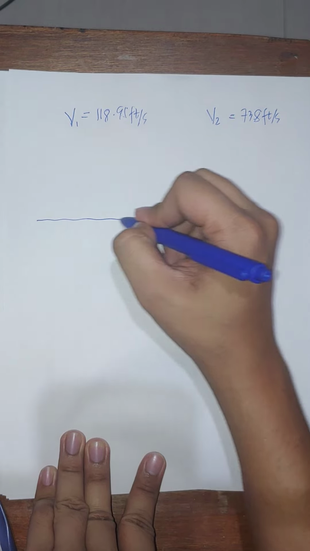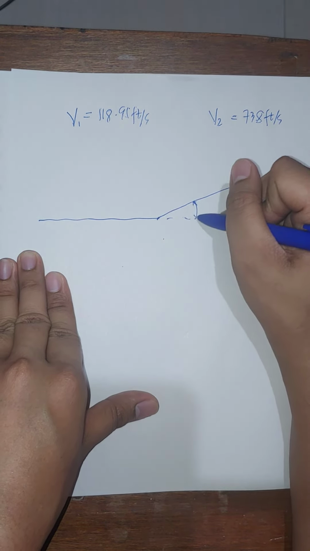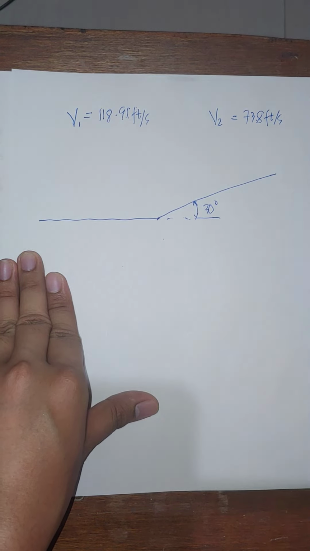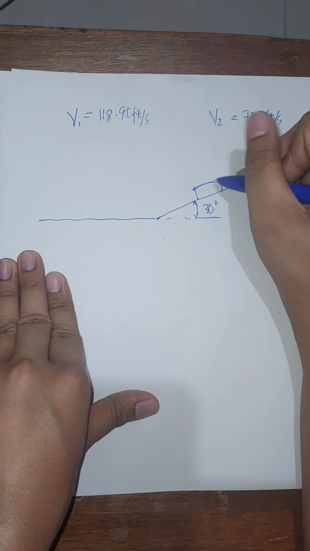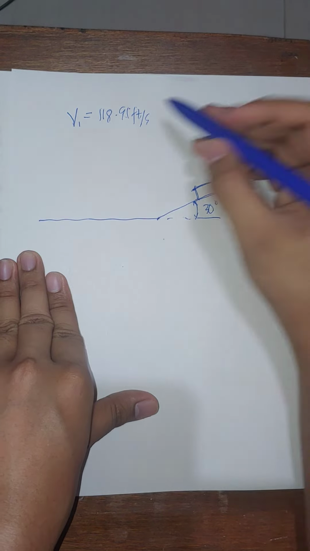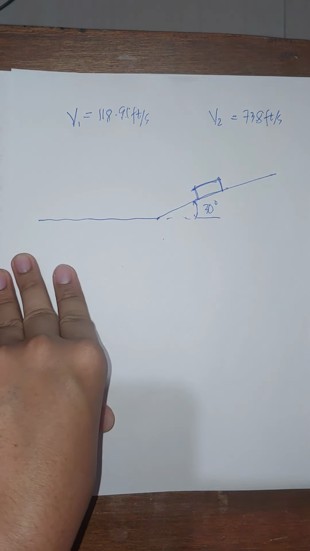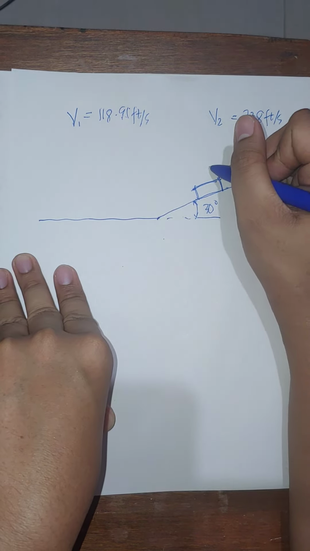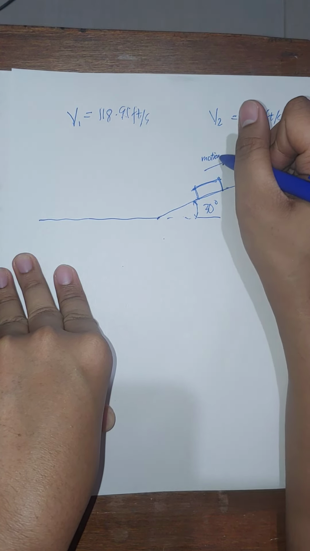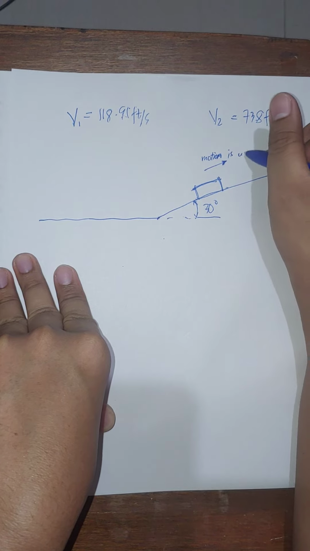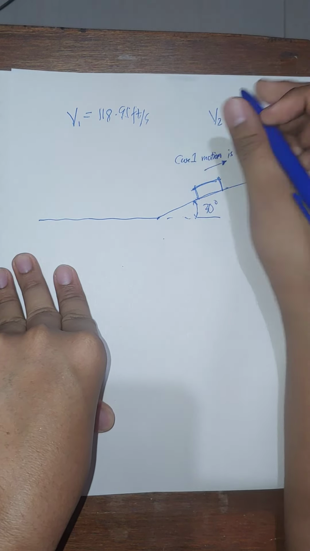If you remember, we have an inclined road here, 30 degrees inclination from the horizontal surface. For our case 1, we assumed that the motion moves upward. This is our case 1.